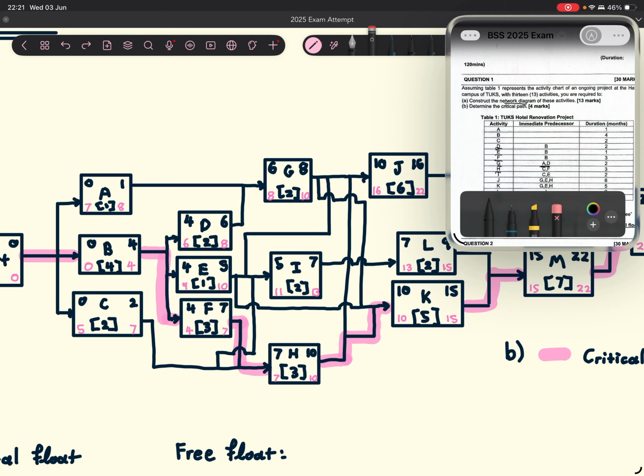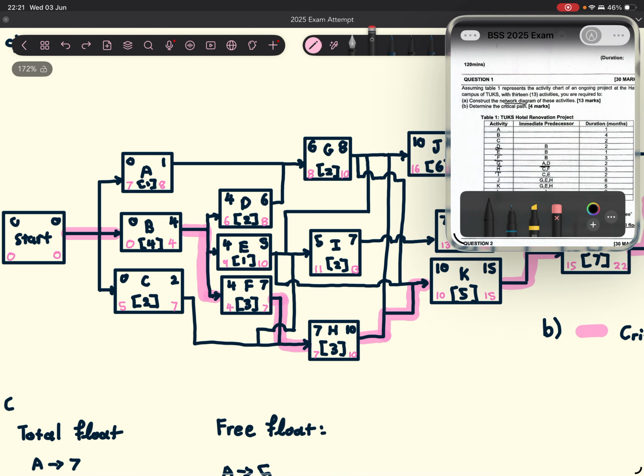The free float means the amount of time you have before you start delaying the whole project, right? If you take the free float as 7 minus 2, then you're saying that you have 5 months to delay activity C. So we can delay activity C up to 5 months before we delay the whole project, right?